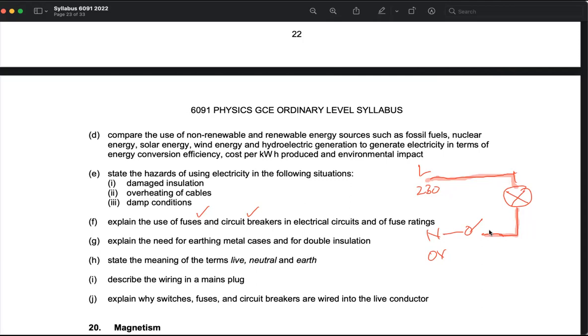So are you clear why the switch should be at the live wire and not the neutral wire? If you are clear, give me a clap. Okay, very good.